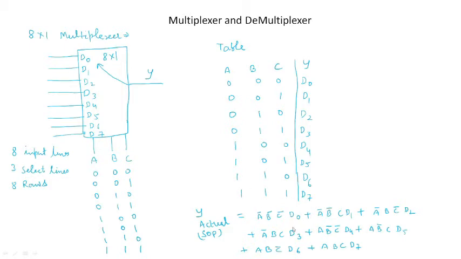So all these terms will be added. So here you can see the actual output of the 8 by 1 multiplexer is of this form.